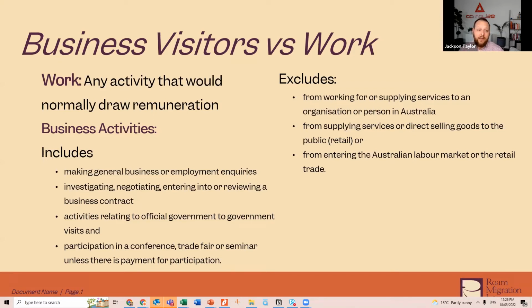So it is both an activity that would normally draw remuneration, but it's also potentially a general business inquiry.